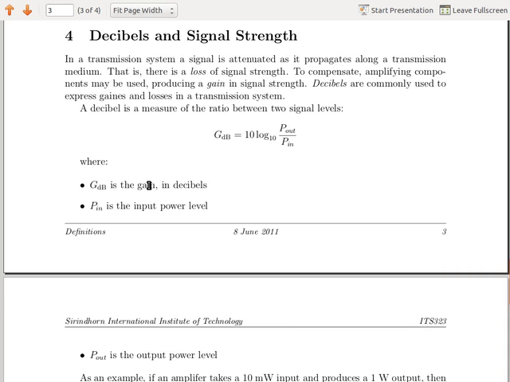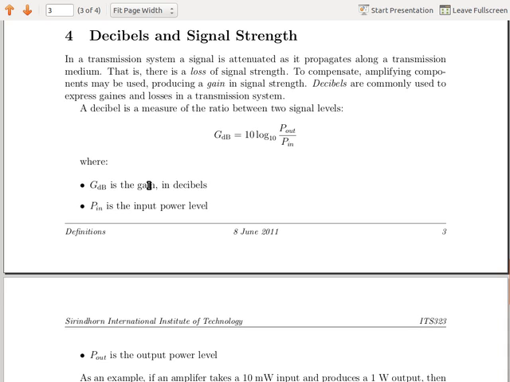The signal propagates across our link and it attenuates. It gets weaker over distance. What's received is going to be less than what was transmitted. So there's some loss of signal strength.